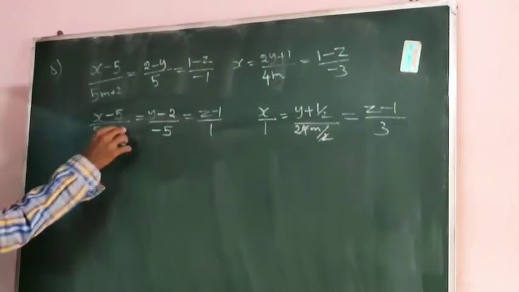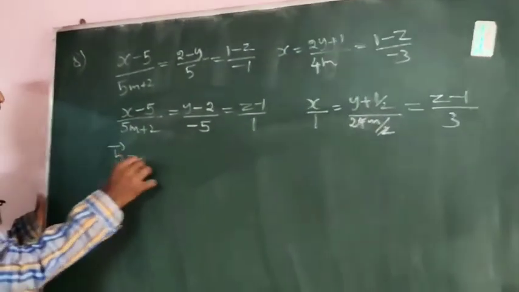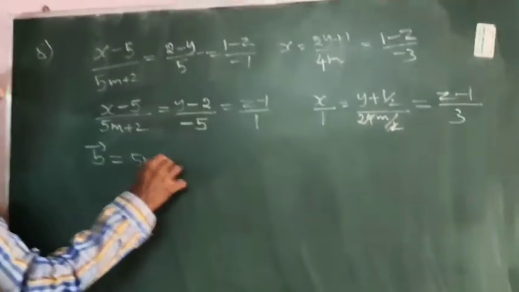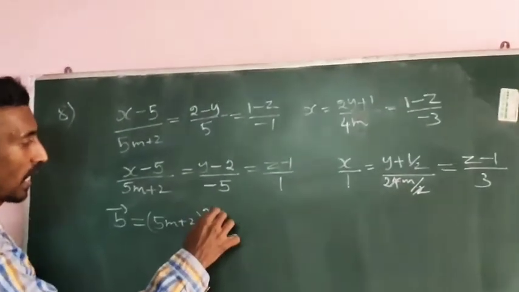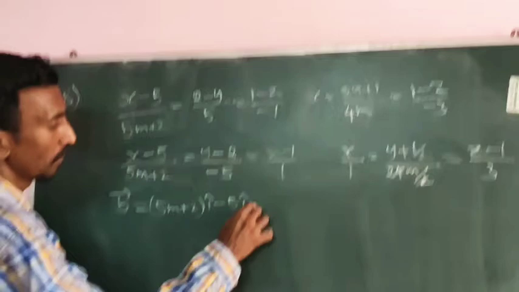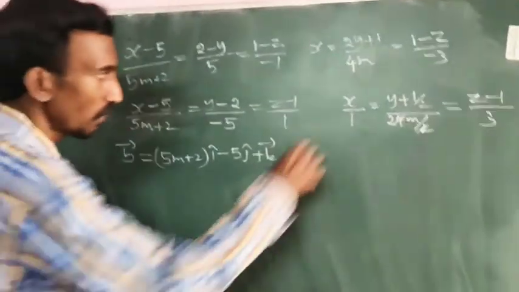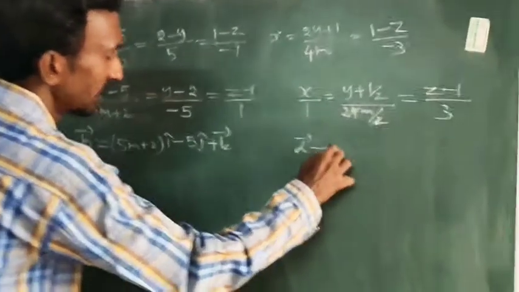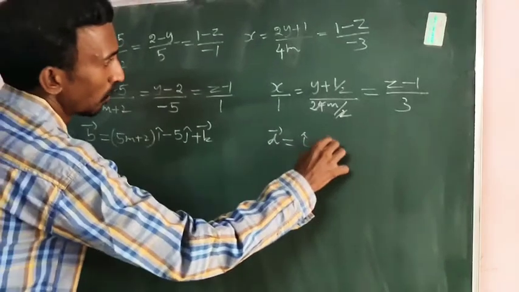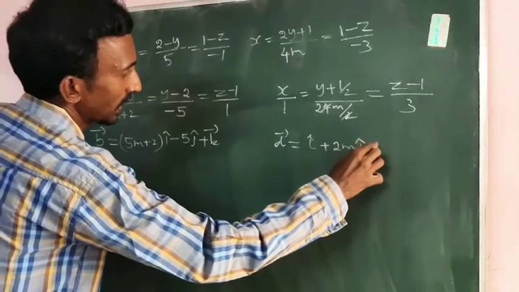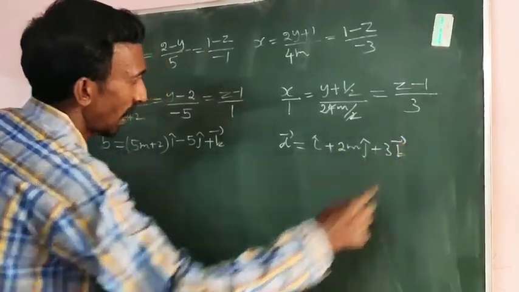So from the first straight line, the parallel vector b vector is (5m plus 2) i vector minus 5j plus k. From the second, the parallel vector d is i vector plus 2m j vector plus 3k vector.